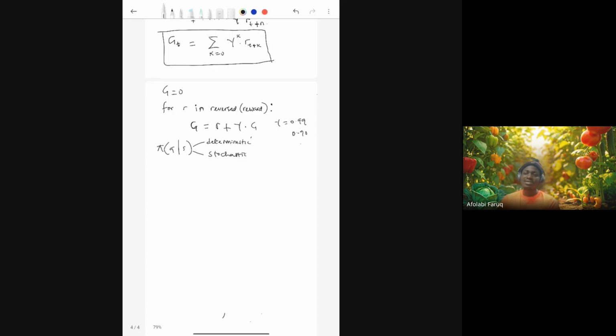Now, looking at the policy for the stochastic approach, we have a range of probabilities. We talked about an example where a given agent has two possible actions, let's say left and right. Let's say the probability of going left is 30%, and the probability of going right is 70%.